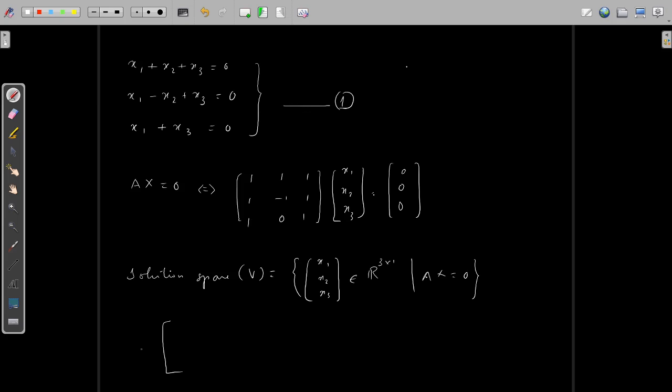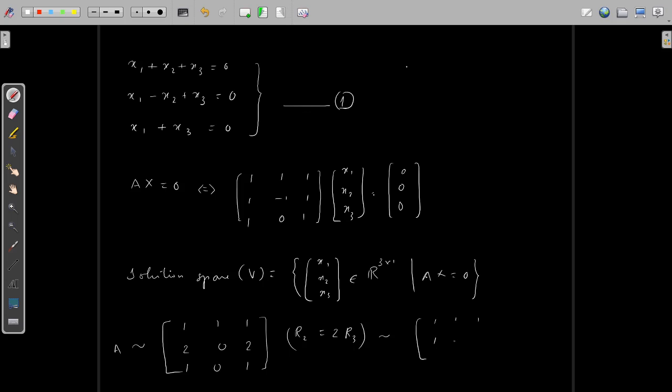We can apply row transformations to A. When you apply the row transformation by adding the first row to the second row, you get 2 0 2, then 1 0 1. From this you can say that the second row is obtained by 2 times R3. So this is again equivalent to the matrix with first row 1 1 1.